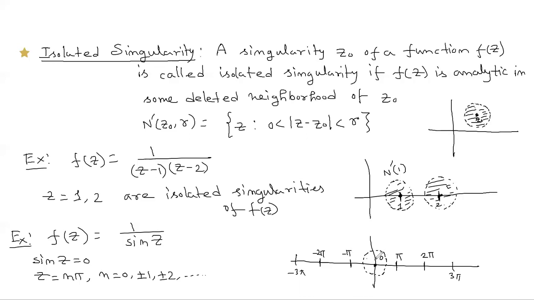So 0 is the only singularity present in this disk. Similarly, about minus pi, we can form a deleted neighborhood where the function is everywhere analytic. So all of these are isolated singularities.